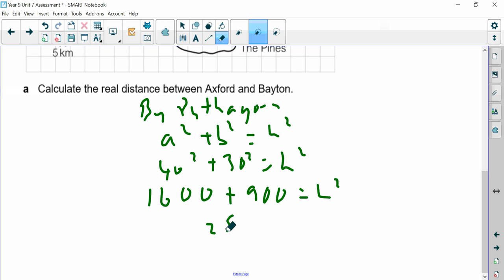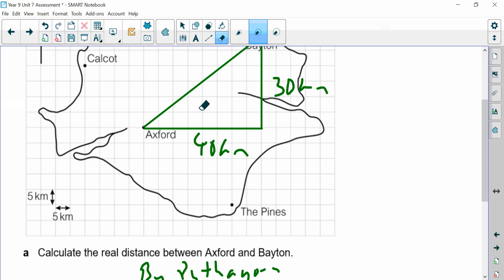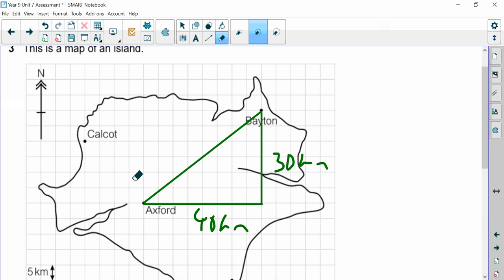Adding them together, you'll get 2,500. And if you take the square root of that, you will get h is equal to 50, and the units were kilometers. So that's the same again. Okay, so there's more than one way to get it. You could have done it using your ruler, but you can also do it this way.